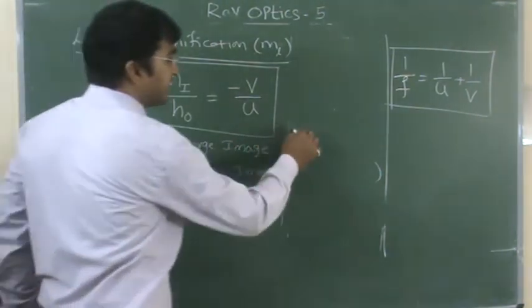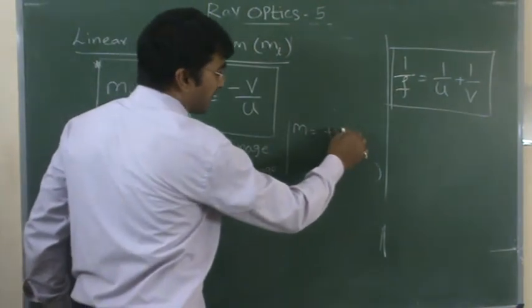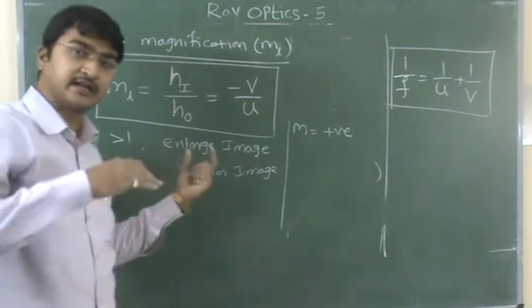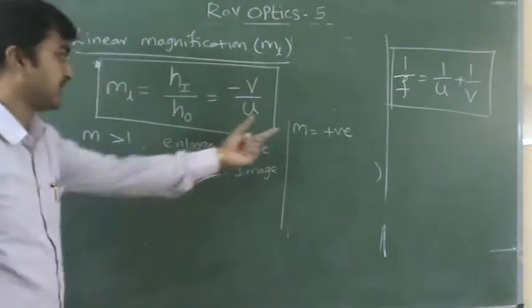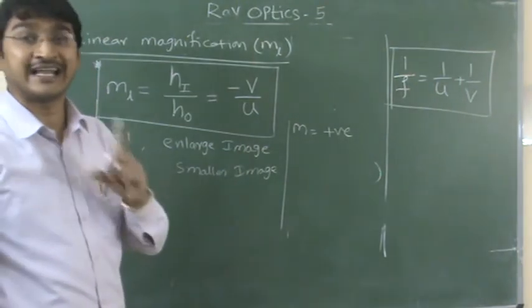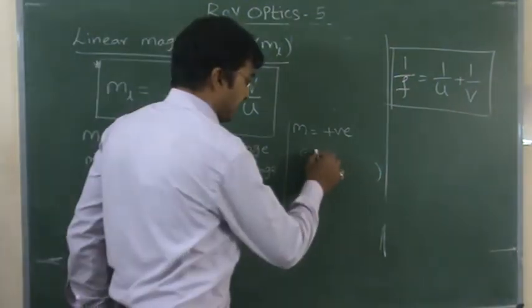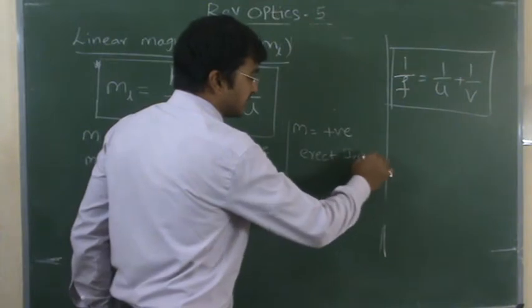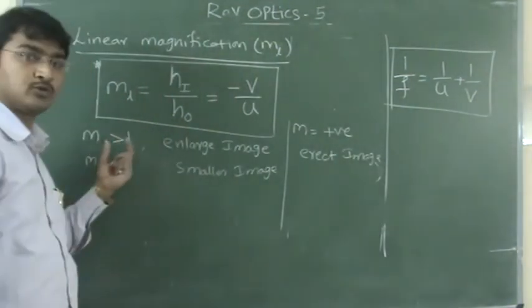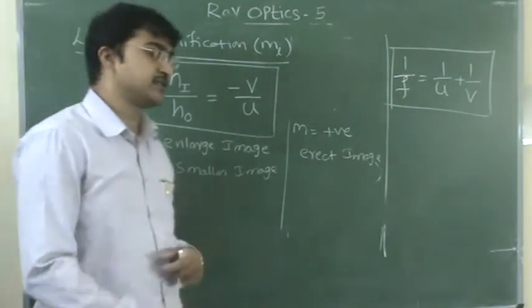Next, if m is positive, from the previous point we can say the image is either enlarged or smaller. From this, if m is positive, the image is erect. The m value is positive, plus 2, plus 3, something, so the image is erect.